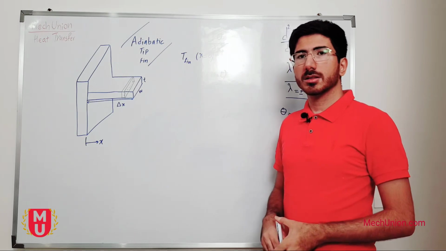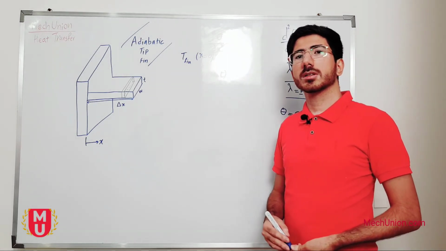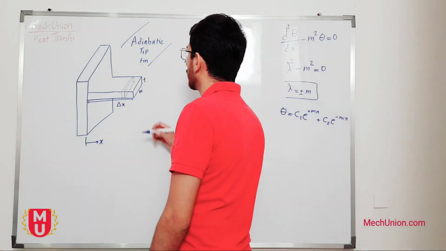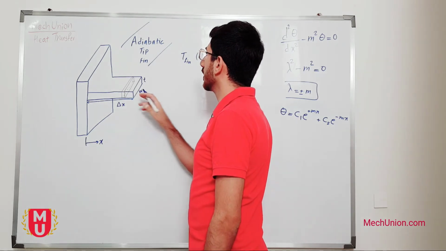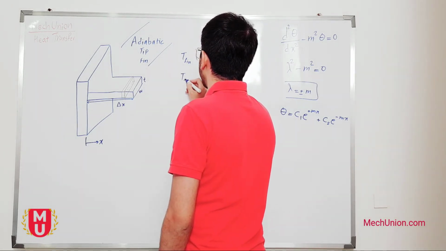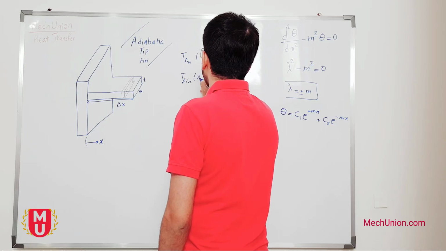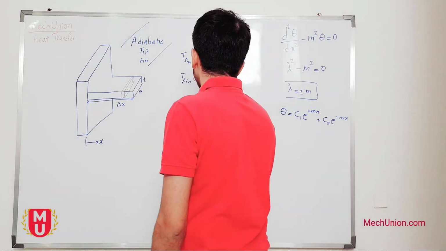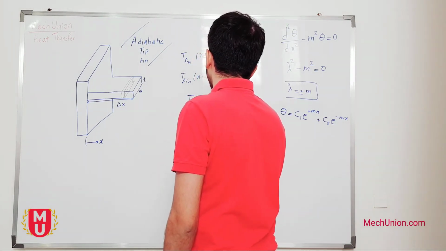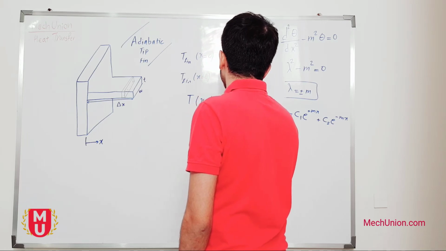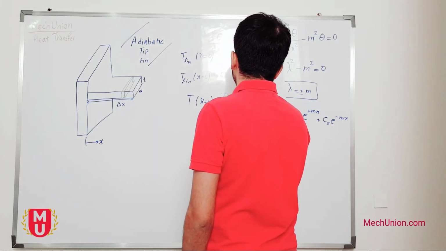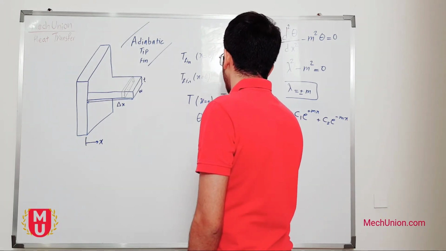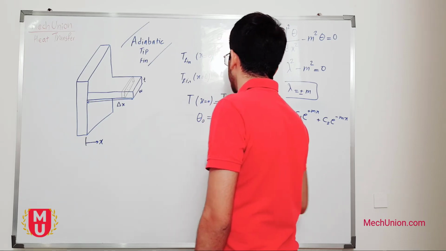The second boundary condition may be specified as one of 4 different physical situations, which includes the adiabatic fin tip, T of fin at x equals L. By applying the appropriate boundary condition, we have theta at x equals 0 equals T naught minus T infinity, which is theta naught.